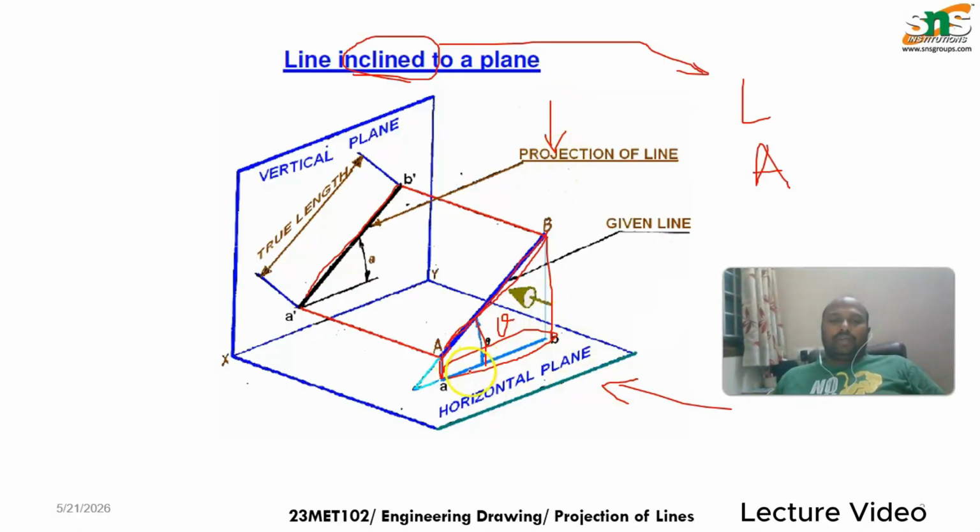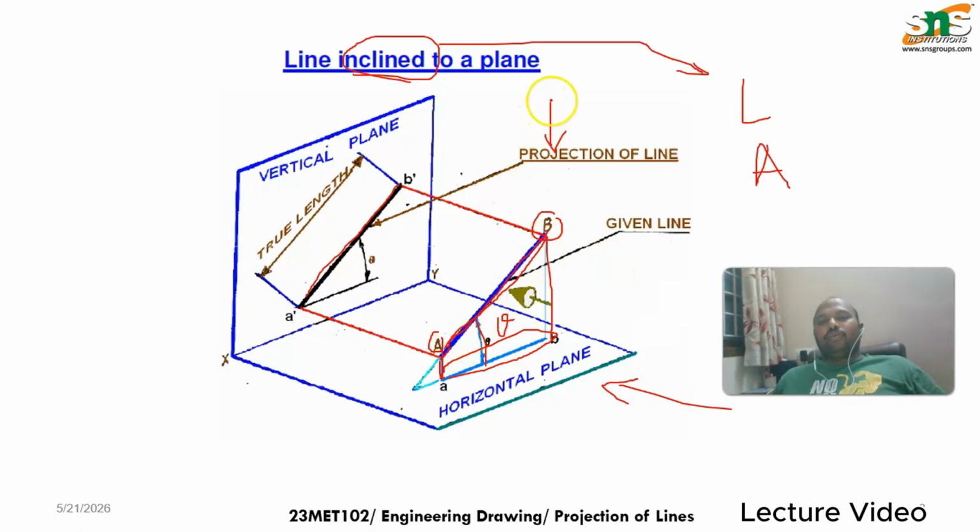When we compare the capital A and B with the small a and b, the capital A and B can be seen with a length of about 50 mm, but the small ab may be about 35 to 37 mm. So it is slightly lesser than the original length.